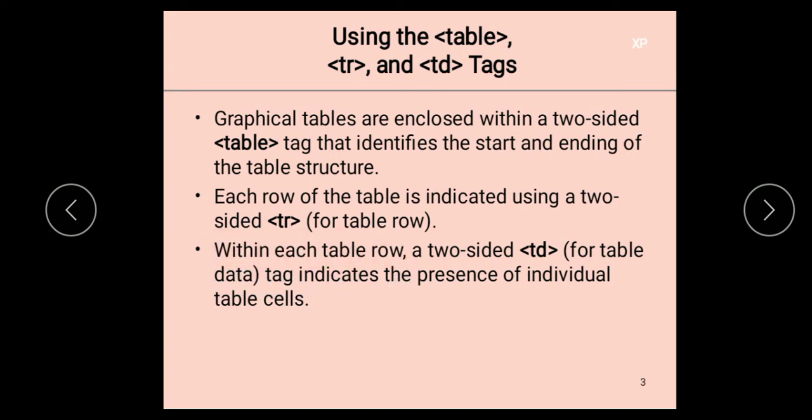Within each table row, a two-sided TD, for table data, tag indicates the presence of individual table cells. Use table, TR for table row, and TD for table data when you want to create a table in an HTML document.